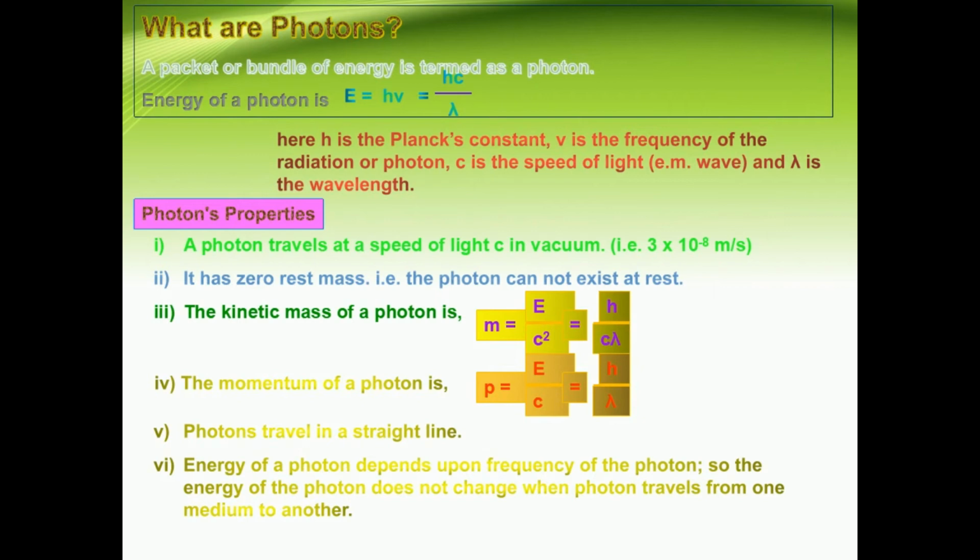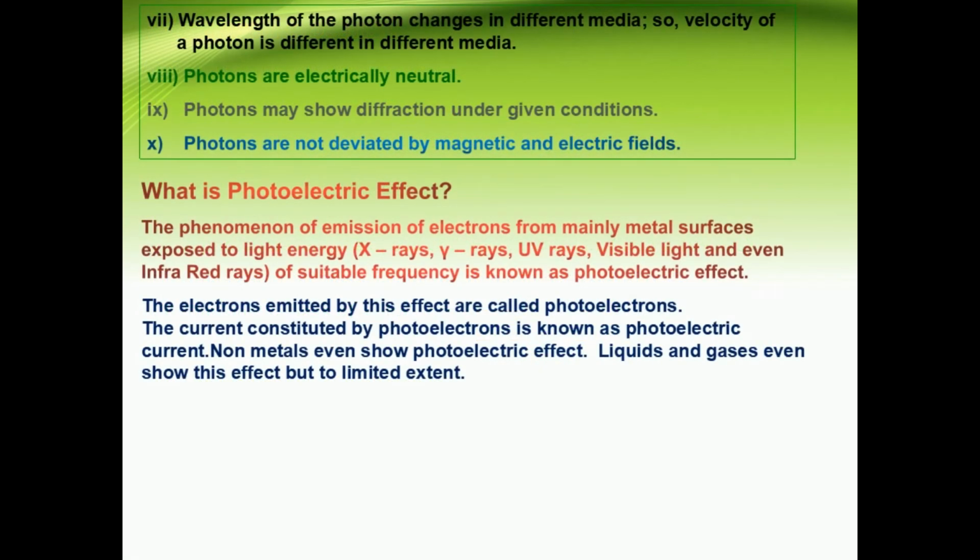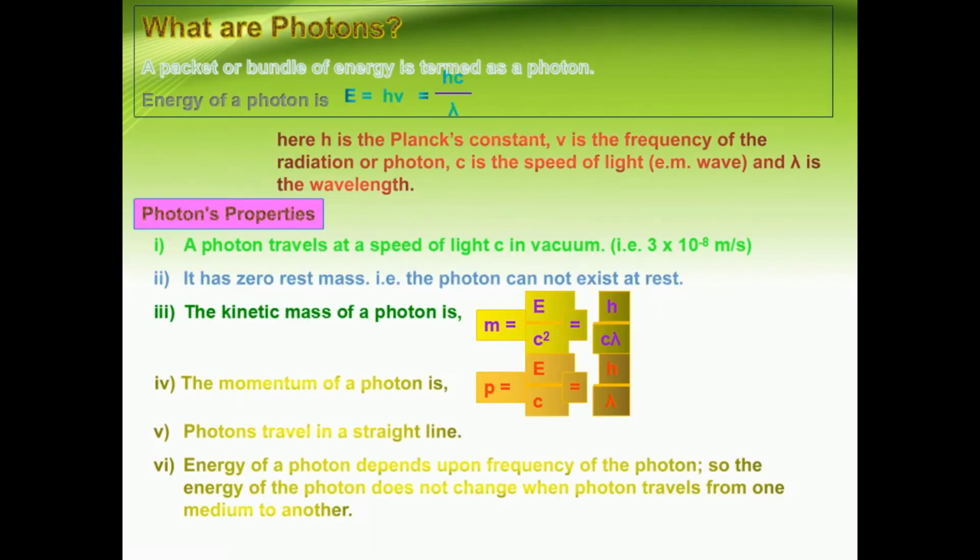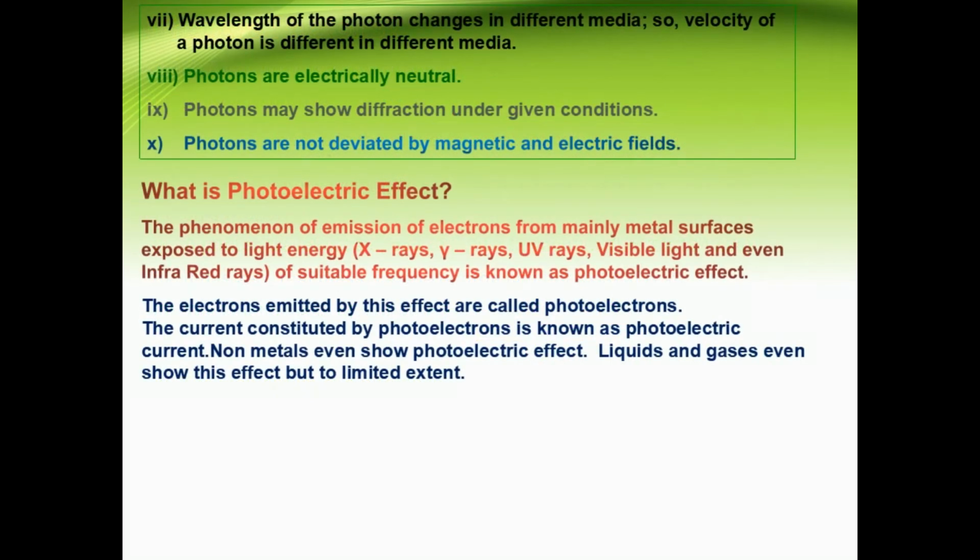Energy of photon depends upon frequency of photon. So the energy of photon does not change when the photon travels from one medium to another medium. The wavelength of the photon changes in different media. So since the wavelength changes, the velocity of the photon is different in different media. Photons are electrically neutral. Photons are not deviated by magnetic or electric fields.